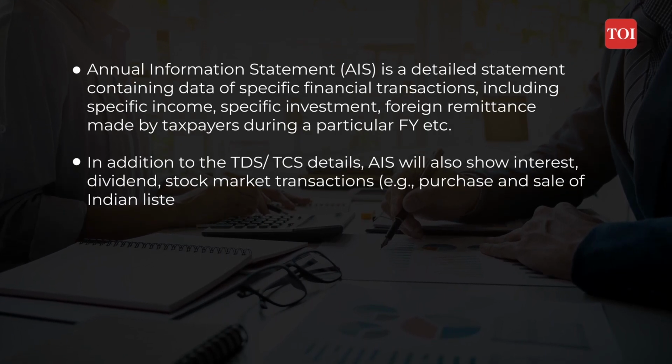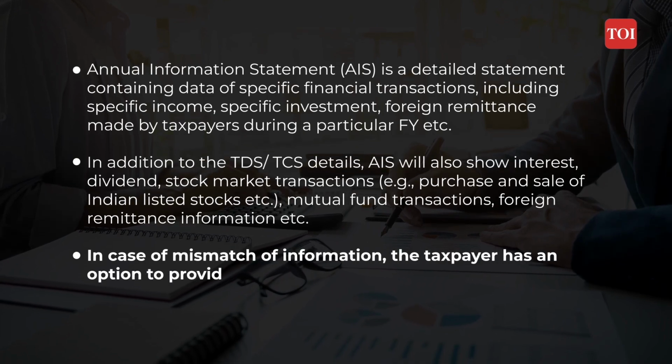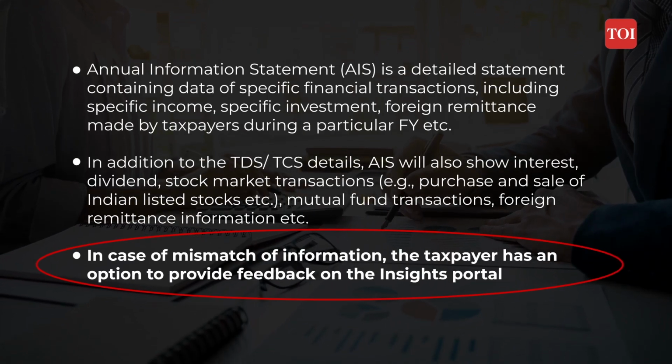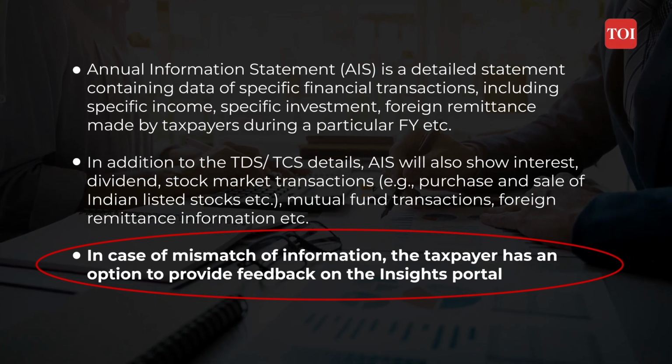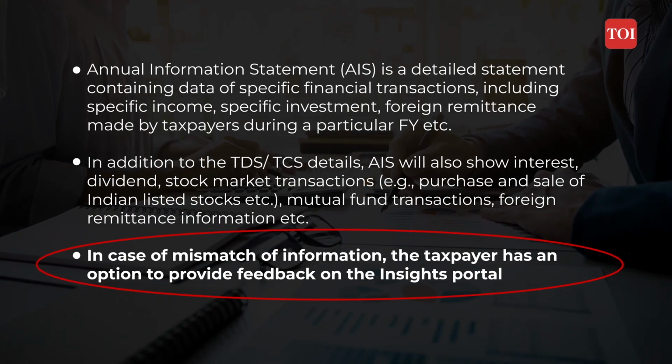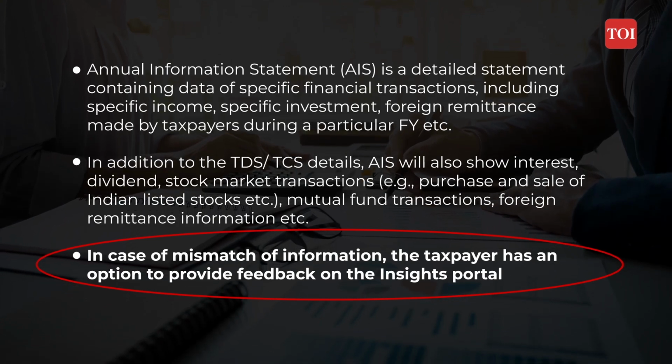Over and above that, it gives all the TDS or the tax collection at source details. It shows practically all the interest, dividend, stock market transactions, including purchases made. So purchase, sale of Indian listed stocks, everything is covered. Mutual fund transactions is largely contained in this AIS.